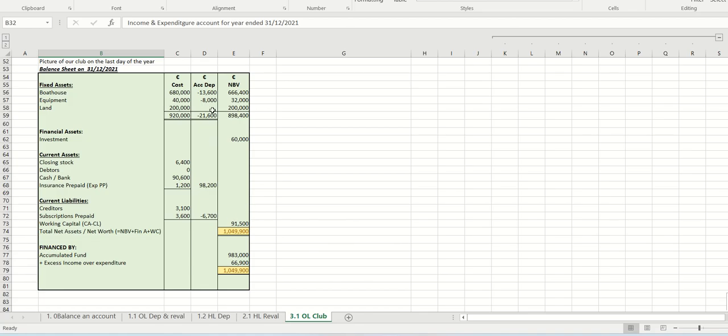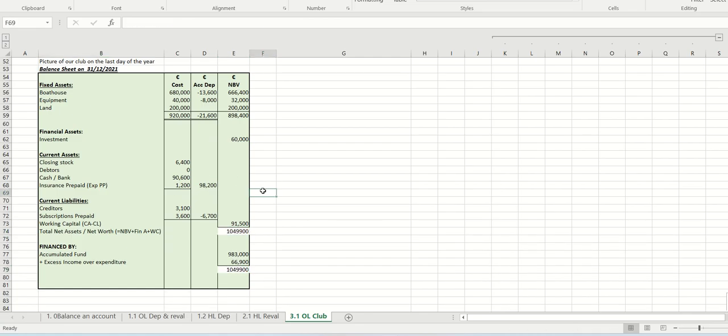Last thing to draw your attention to, we have only three possible minus areas in your balance sheet. Depreciation is minus. It's current assets minus current liabilities.